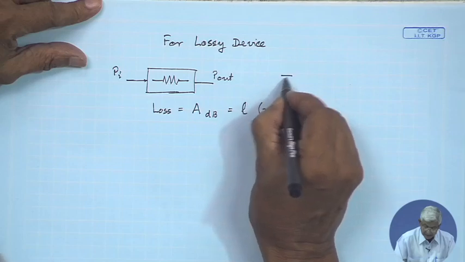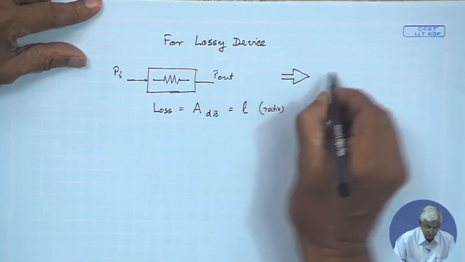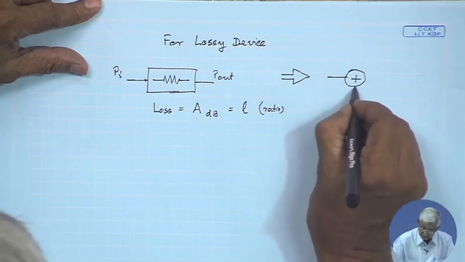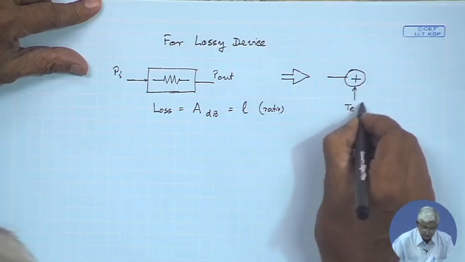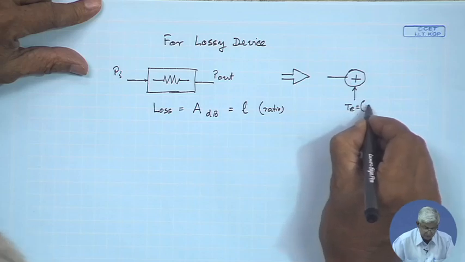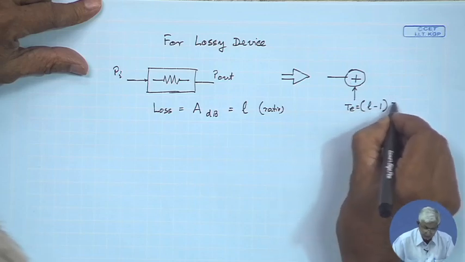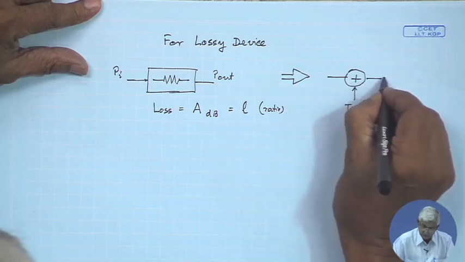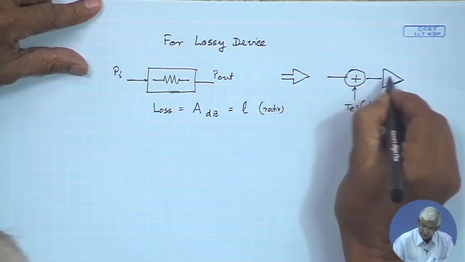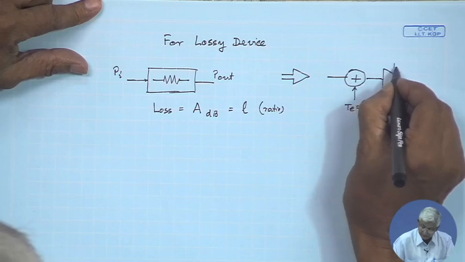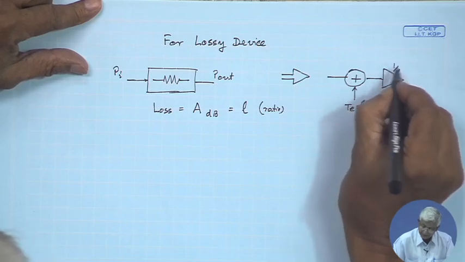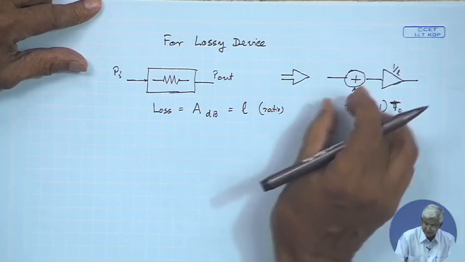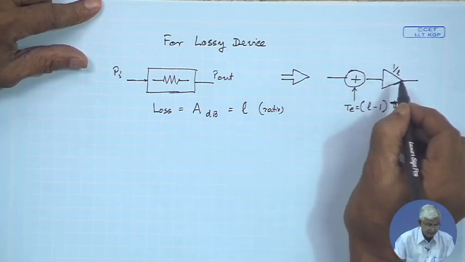Now, this can be equivalently drawn in a similar way. At the input, there is a Te which is equal to (L minus 1) into T0, and there is an amplifier with a gain which is equal to 1 by L, as if the noise is generated at the input part, and this is a noiseless amplifier.